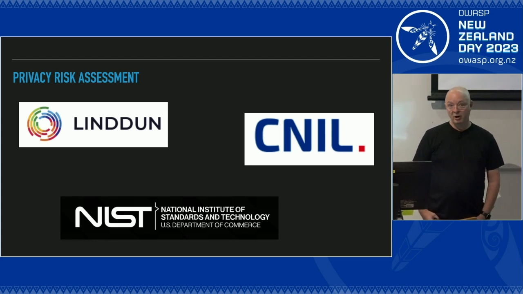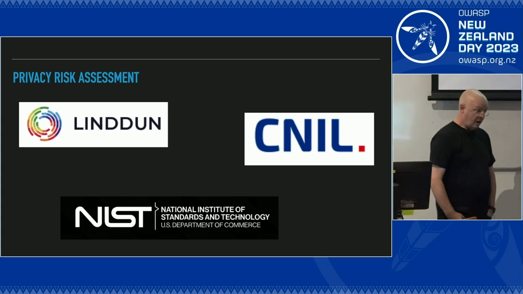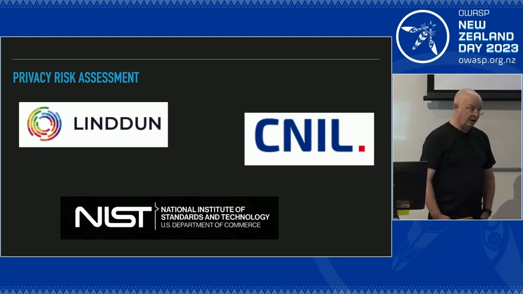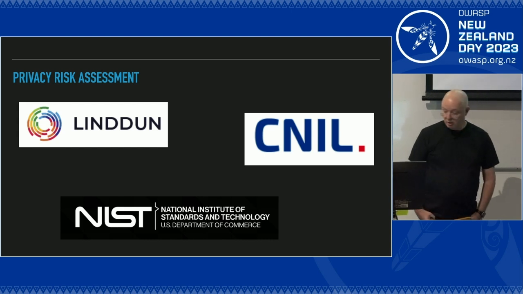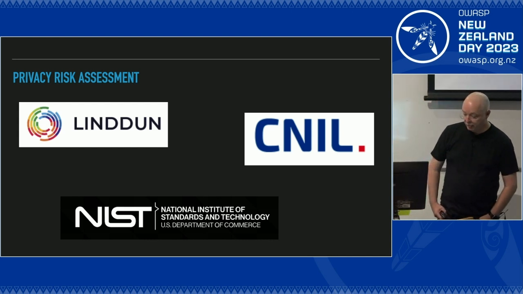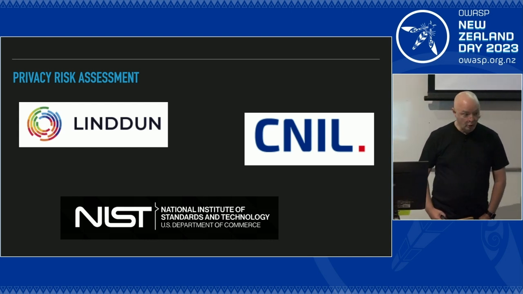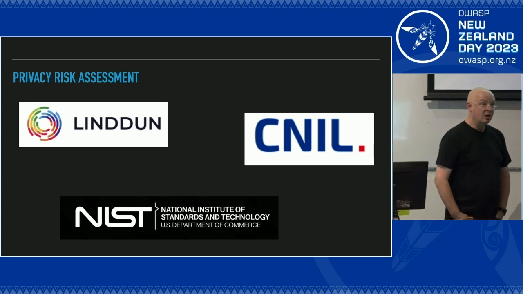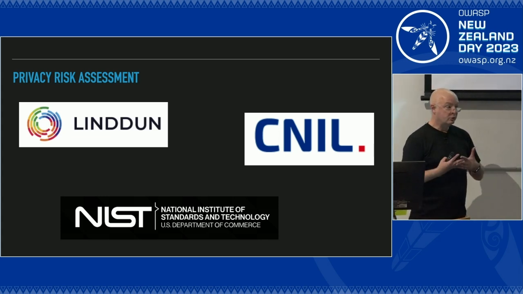So identifying the risk and then classifying it in terms of its likelihood and its impact. LINDDUN is a privacy threat modeling methodology, and it apparently fits quite well with STRIDE. So if you're doing threat modeling, that would be some additional dimensions to think about.